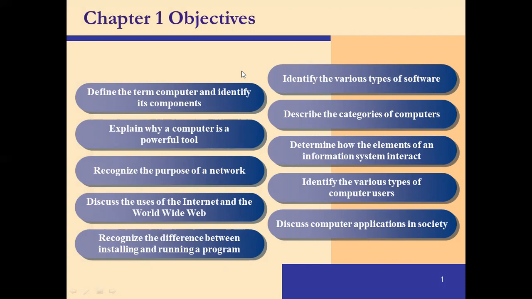We will describe categories of computer, determine how the elements of an information system interact, identify various types of computer users and how they use computers. And then we will discuss computer applications in our society.